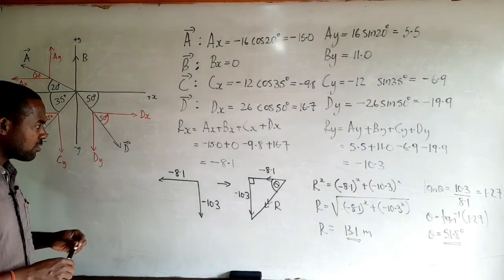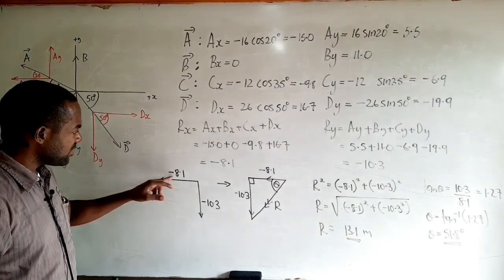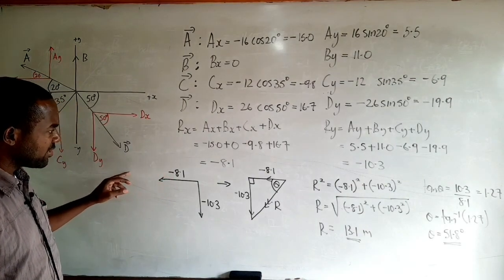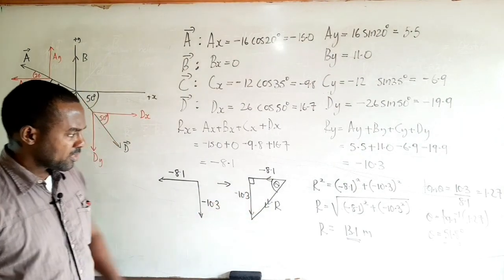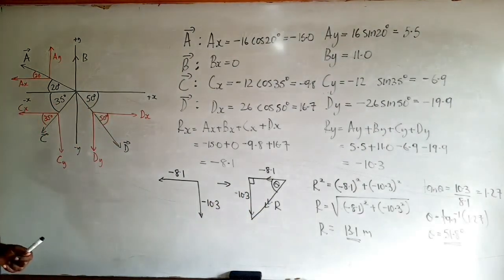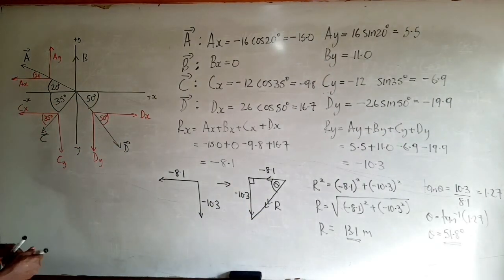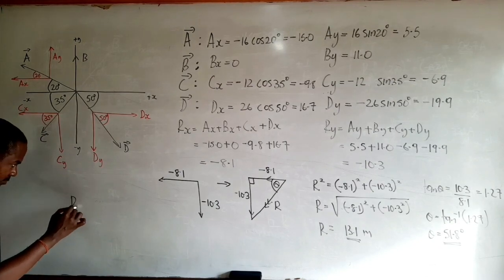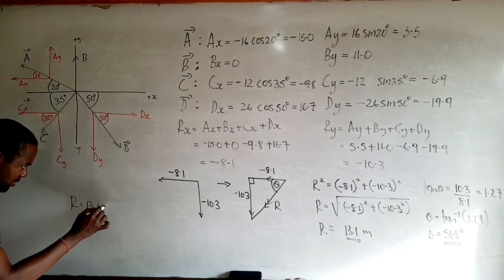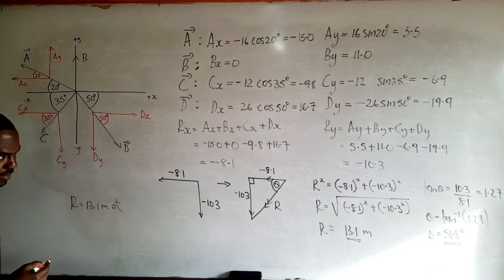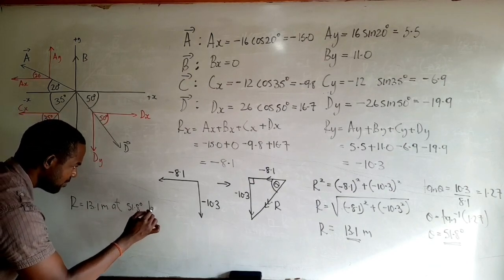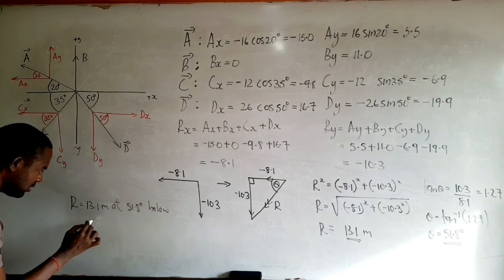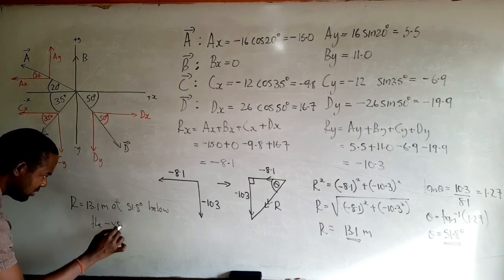Because the resultant x component is minus 8.1, so it's acting in the negative x direction, and as can be seen from the diagram, this angle is acting below that. So we can therefore say our resultant displacement r equals 13.1 meters at 51.8 degrees below the negative x-axis.